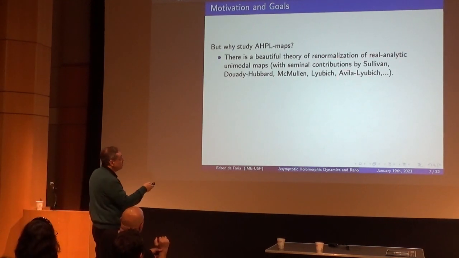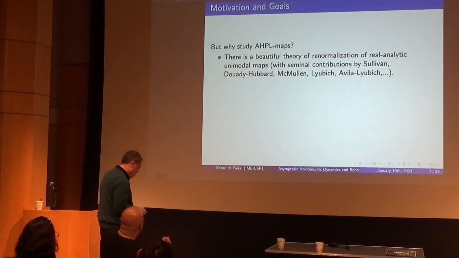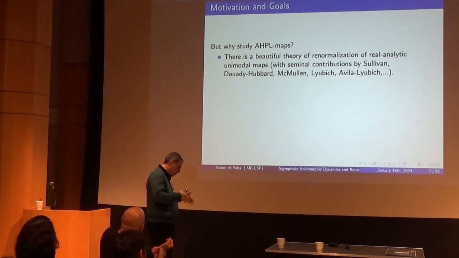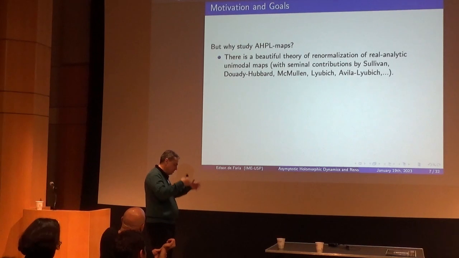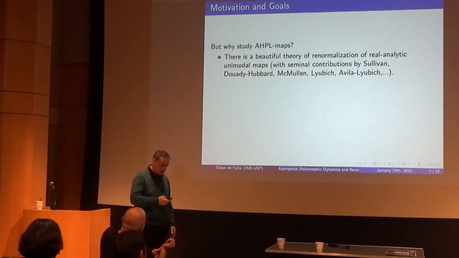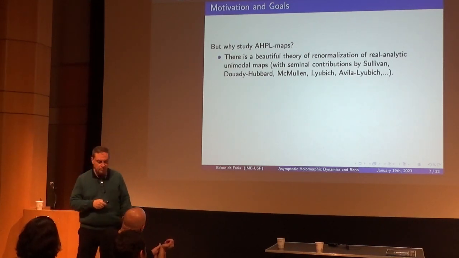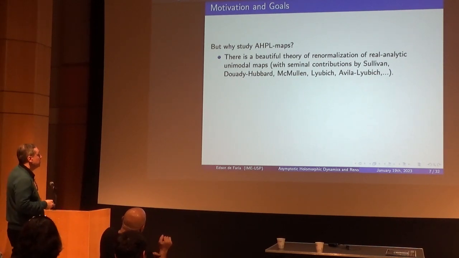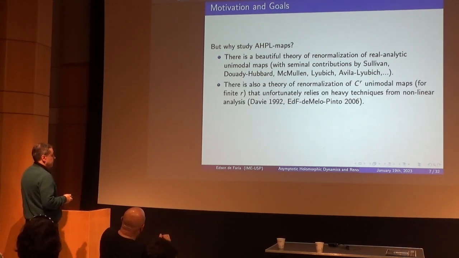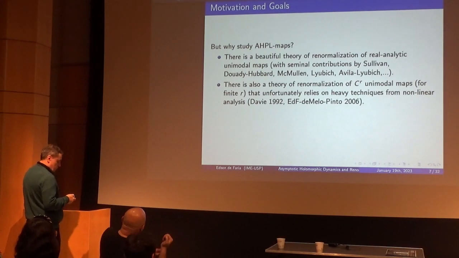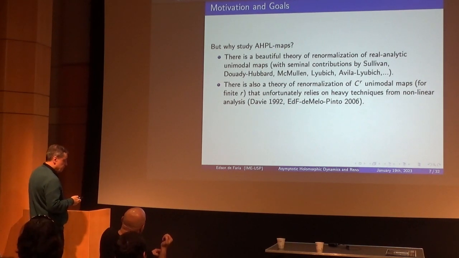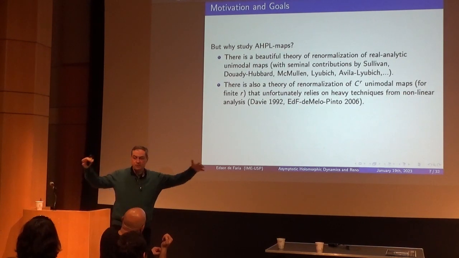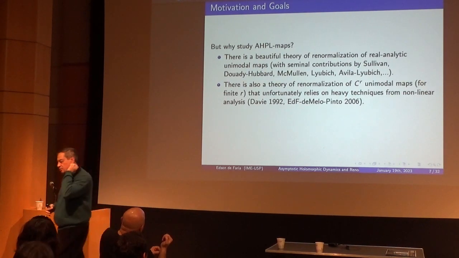More recently, Lubitsch and Arthur Avila were able to get the complete picture for unbounded type and also for all sorts of even integer exponents for these maps. So there's a long story, but there is also the CR world, which is of course much larger than the real analytic world.